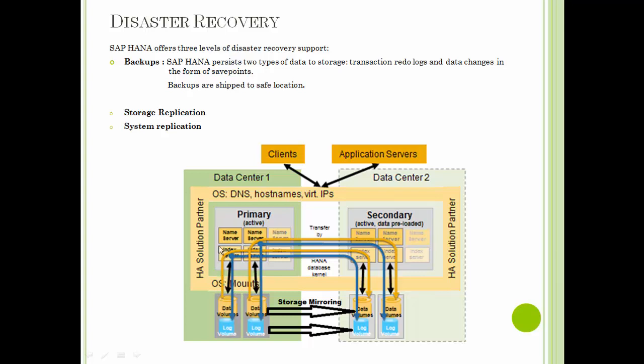If you see the picture here, we don't need a storage level solution, but using the HANA database kernel, at the database level we ship the data and logs, which is the delta data and logs, to a safer location. So here we will not use any vendor storage solution, but we will use the features of SAP HANA itself.